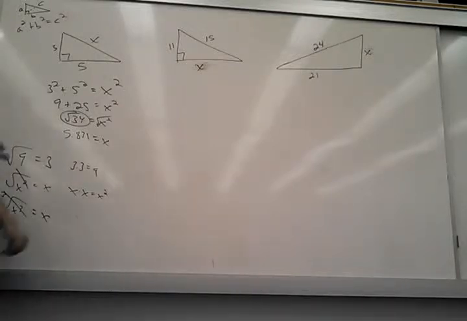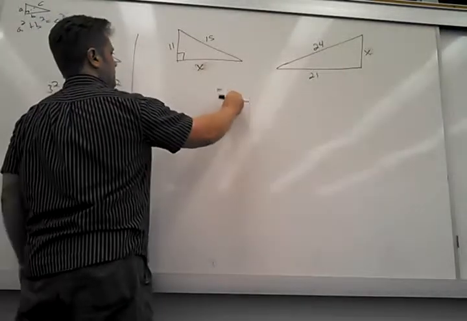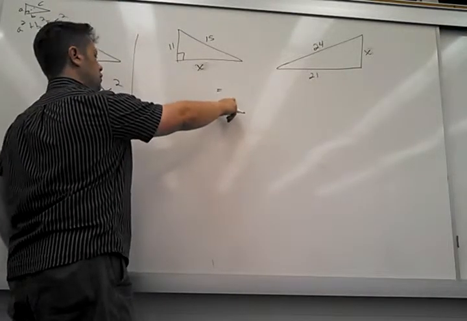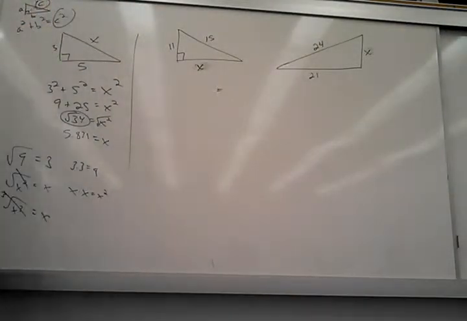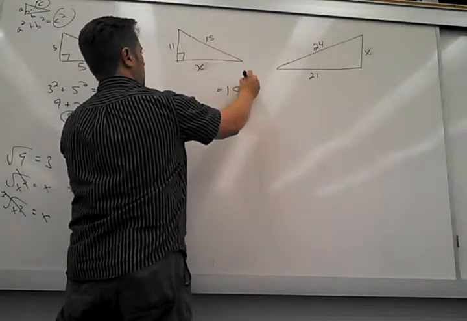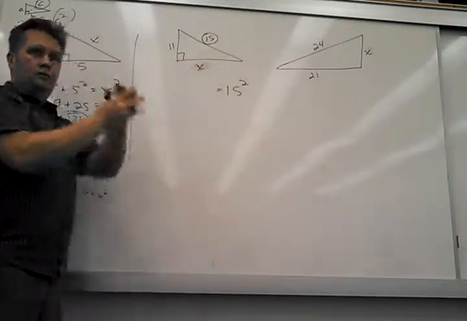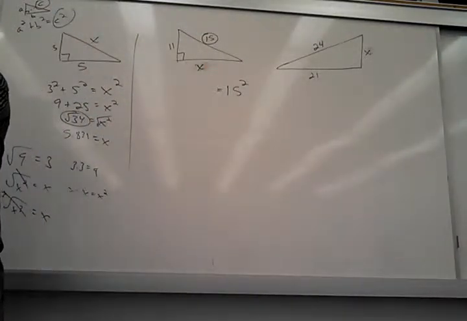I didn't know. All right, how do I set that one up? 11 squared, 15 squared. C squared equals 11 squared plus x squared. Which one's going to be by itself? X. No. 15. Which one is the hypotenuse? 15. X is not. That's the biggest one. The biggest one should have come from the other two added together, right?